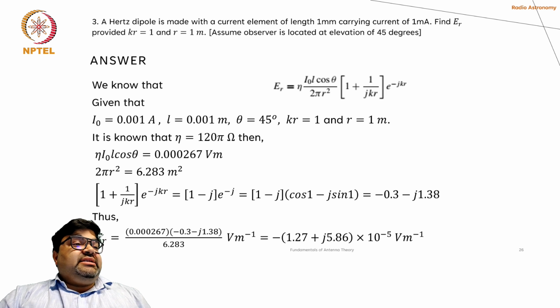We know that E_R takes this expression for the Hertz dipole. So we put in all the values: theta is equal to 45 degrees, Kr is equal to 1, r is equal to 1 meter. If you put all of them in the expression, you finally get the value of the electric field in volt per meter.